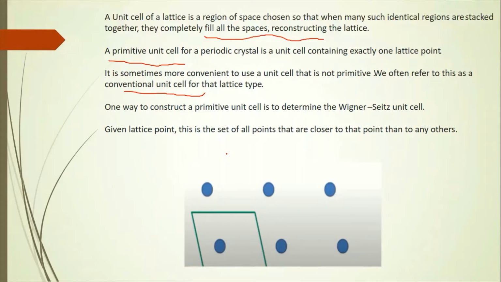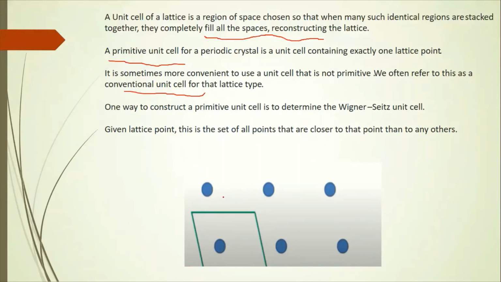For a simple lattice, it is fairly easy to identify a unit cell. Looking at this picture, we can draw some shape around one point.